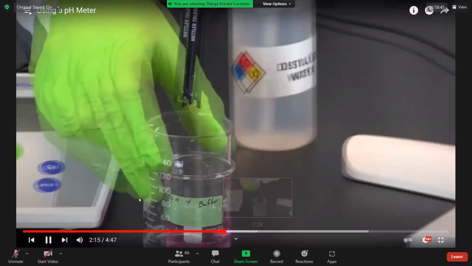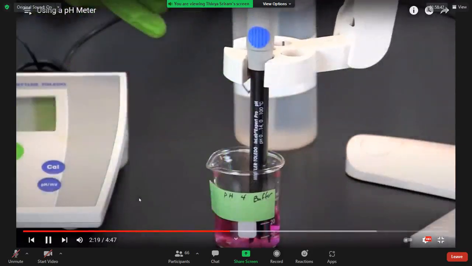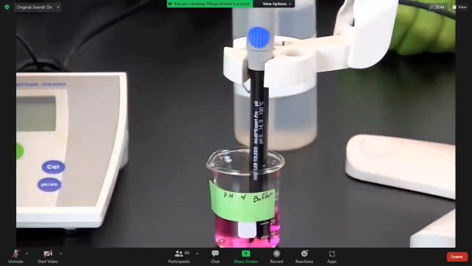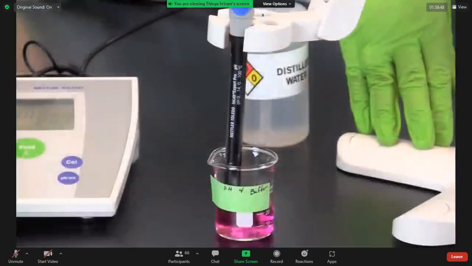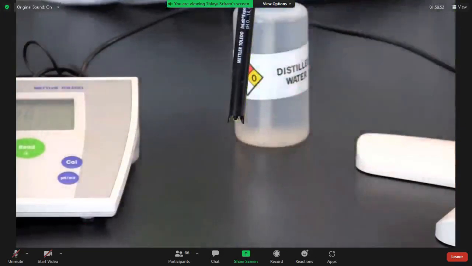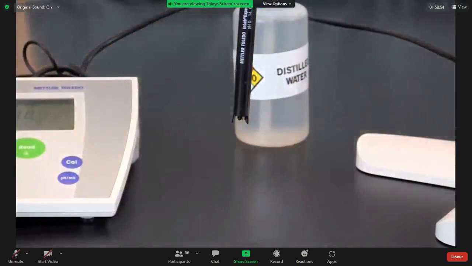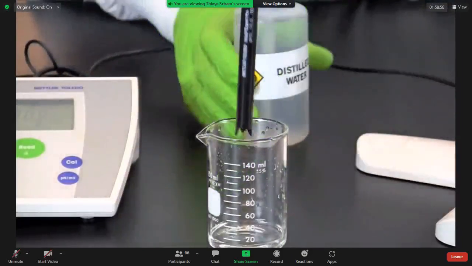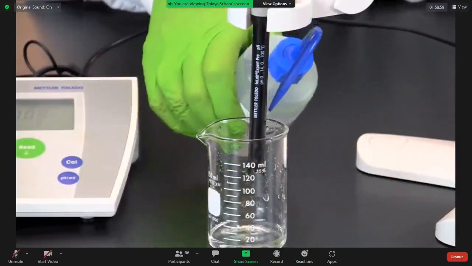Repeat the process again, this time using the standard with a pH of 4. Once the standard has been calibrated, you will need to remove the sample and again rinse the electrode with distilled water.